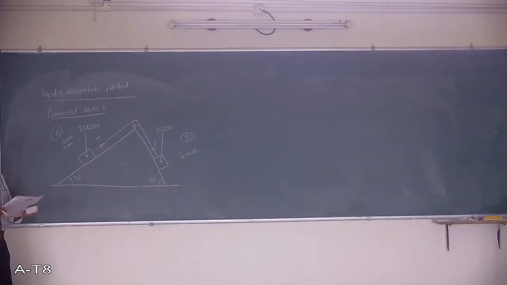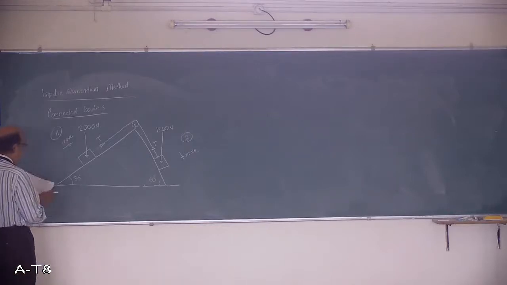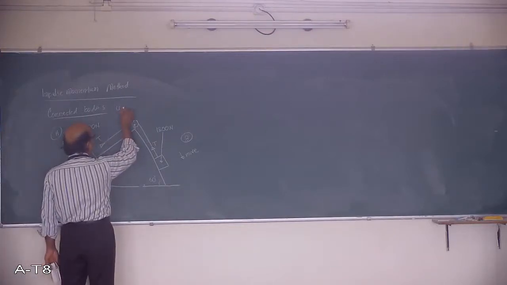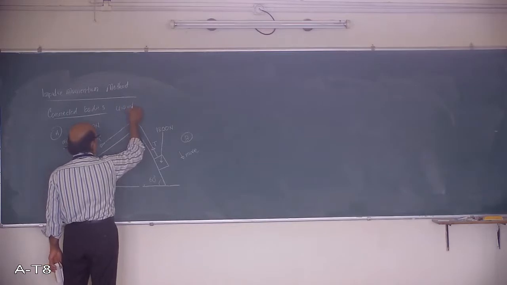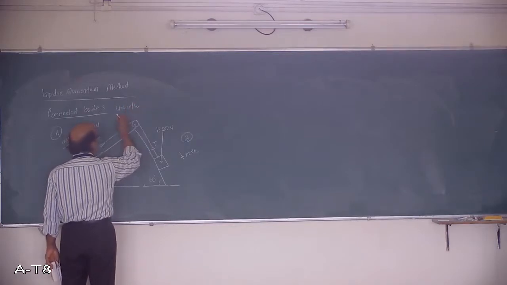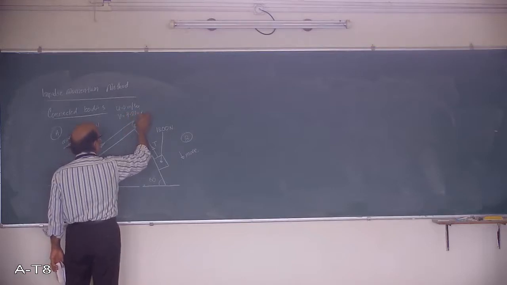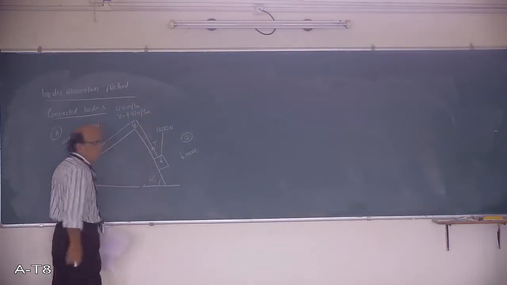What is the time required for the weights to achieve a velocity of 9.81 meters per second? So, you assume that you are releasing it from rest, the initial velocity is 0, and it should achieve a velocity of 9.81 meters per second.